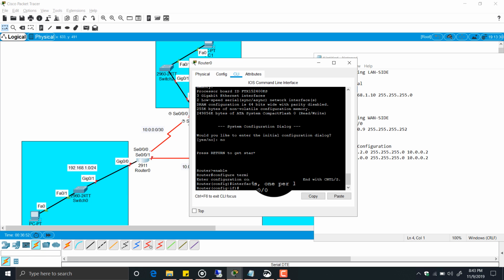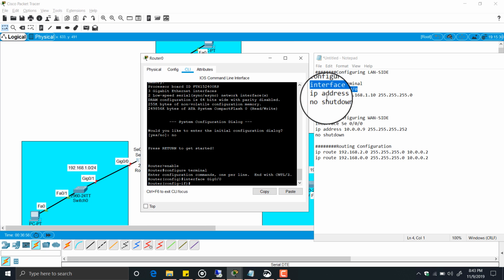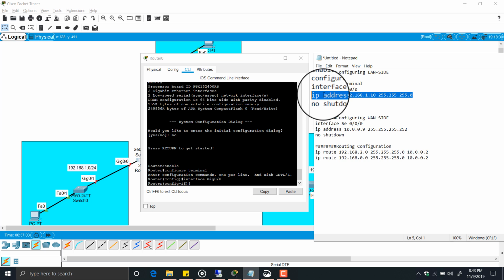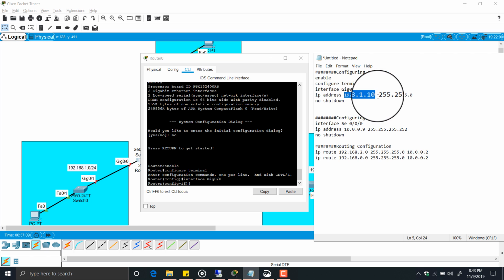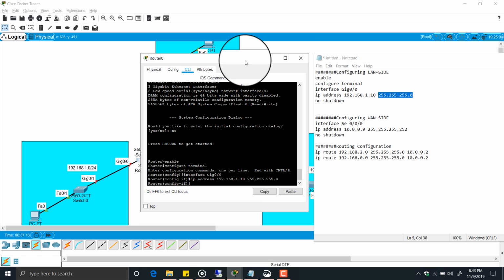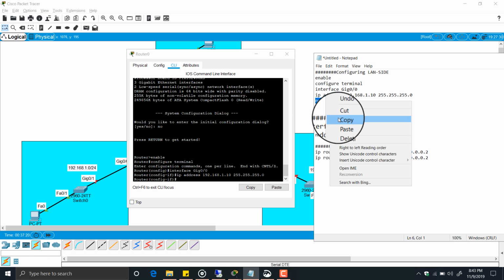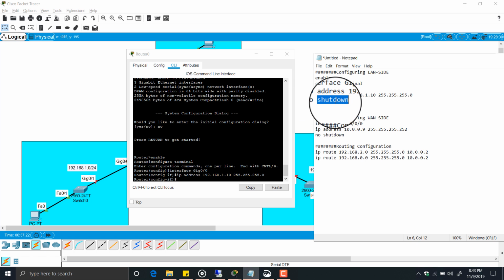Alright, now we are going to give it an IP address. Like I said, I'm going to use the .10 prefix for all the routers. And the way I configure this is with this command. We give the IP address and the subnet mask. Alright, we press enter, and finally all of the interfaces by default are in a shutdown state.